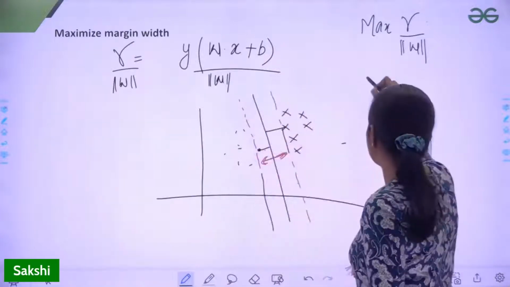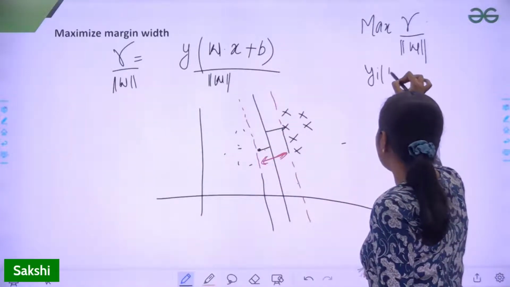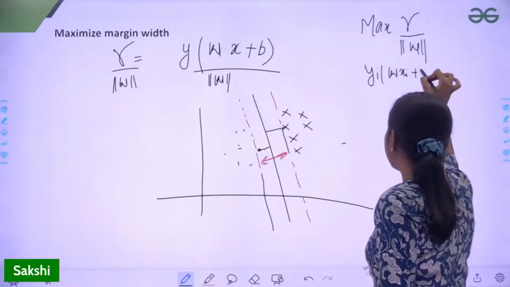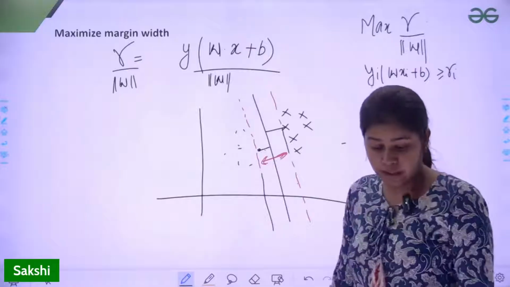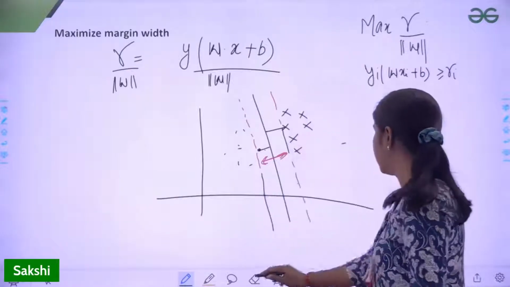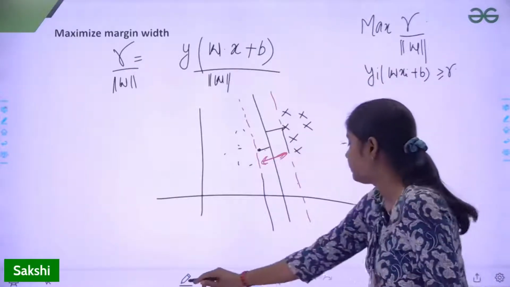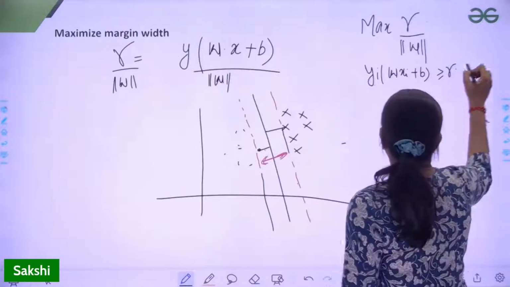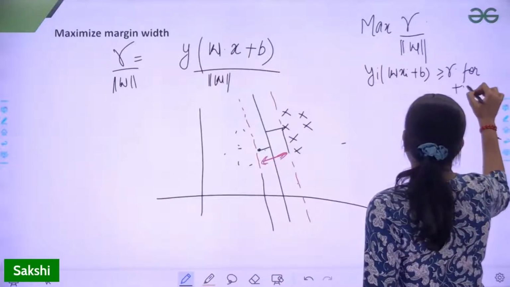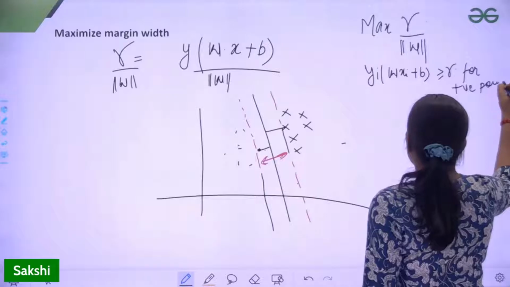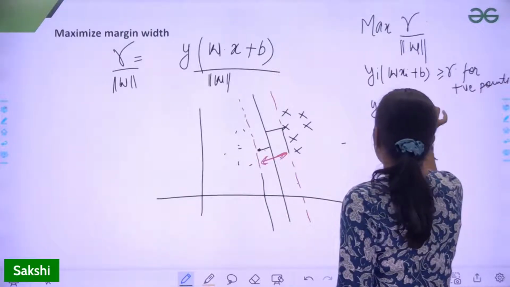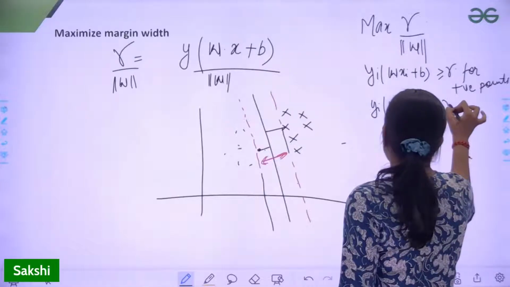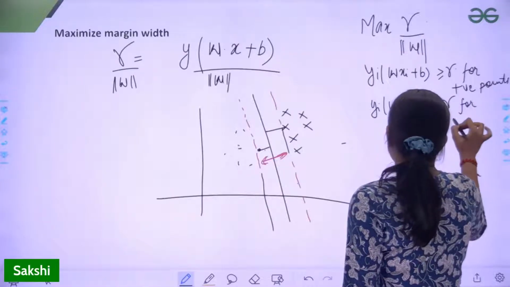I have to maximize it such that yi into (w xi plus b) is greater than gamma for positive points, and yi into (w xi plus b) is less than gamma for negative points.